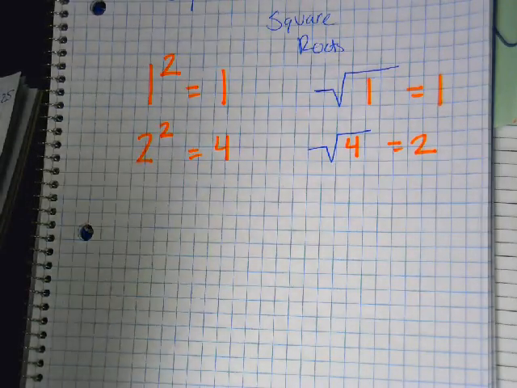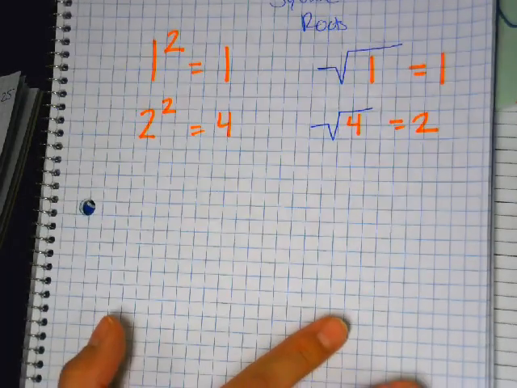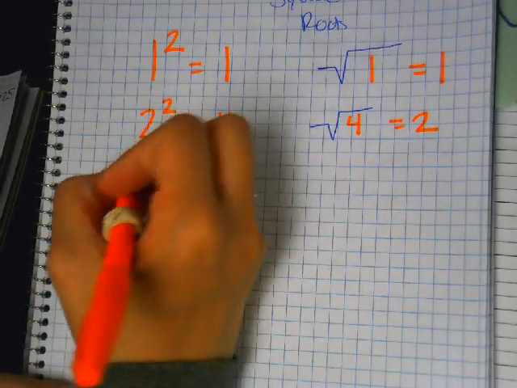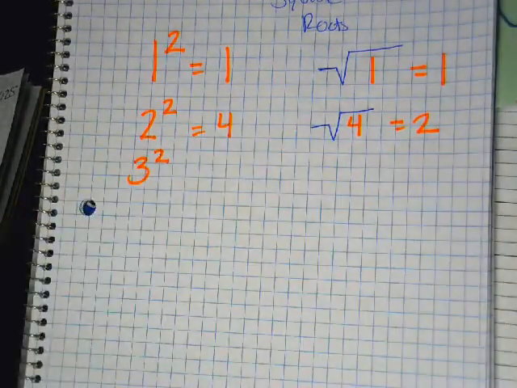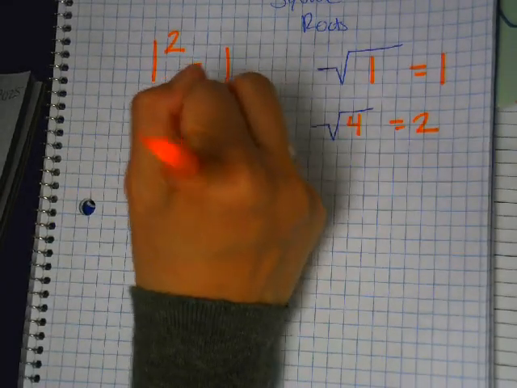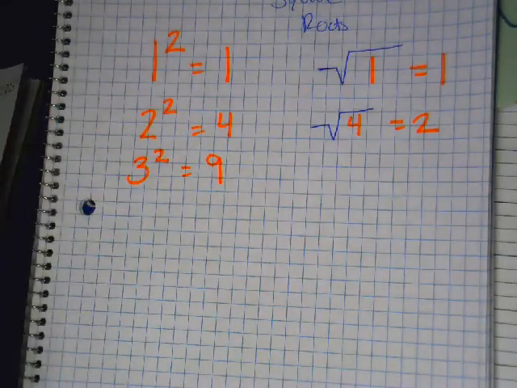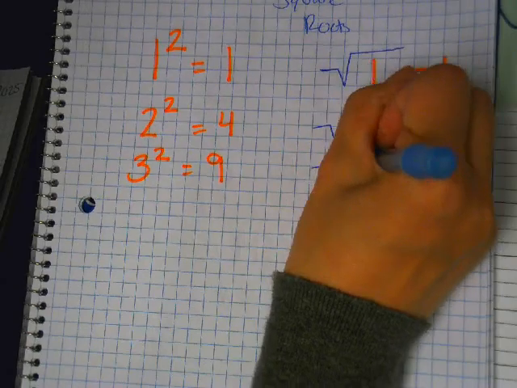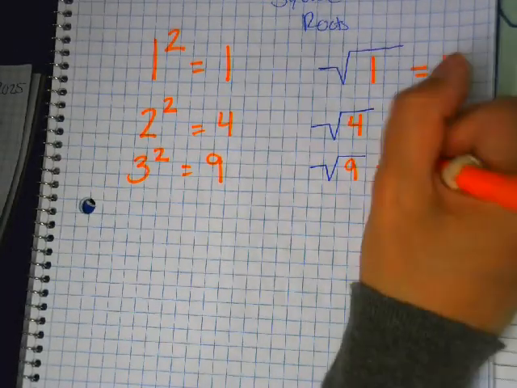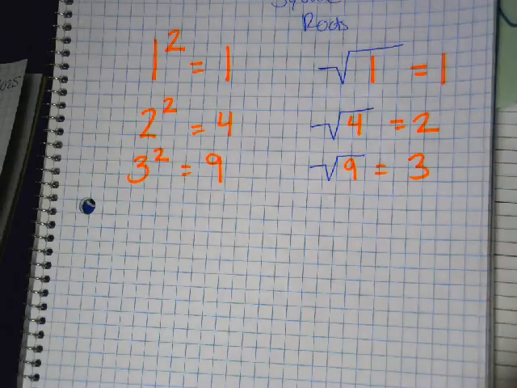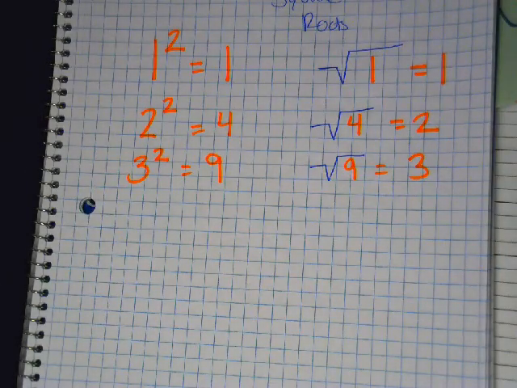Okay, so you see a pattern? Let's try this one. What's 3 squared? 9. Very good. 3 times 3 is 9. So my question is, what's the square root of 9? 3. Okay. Let's write those down and let's talk about it.